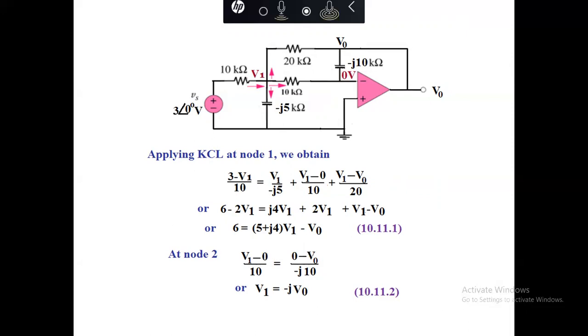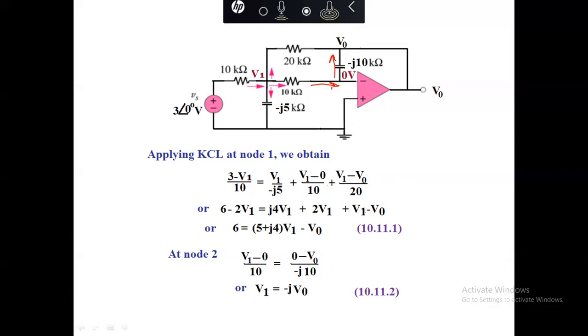This current is in fact this current, and this current is equal to this current.